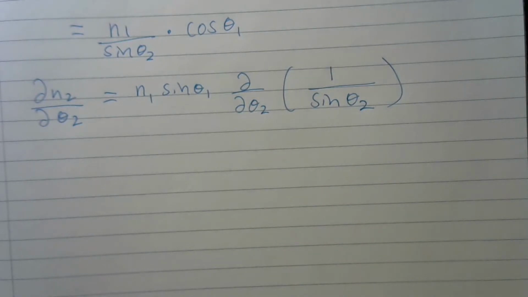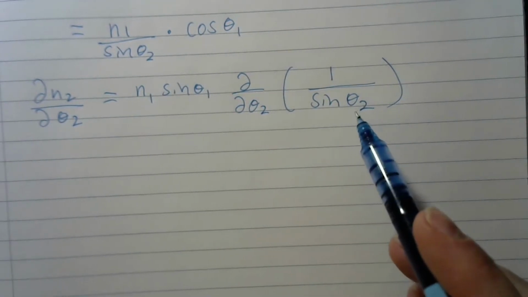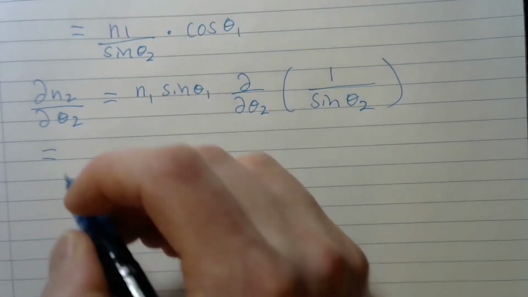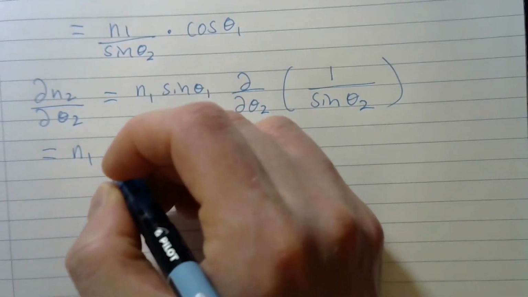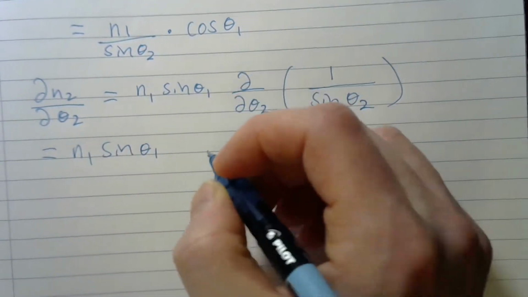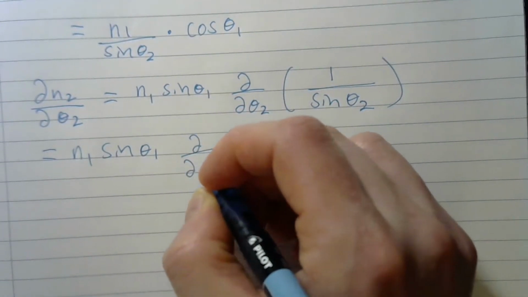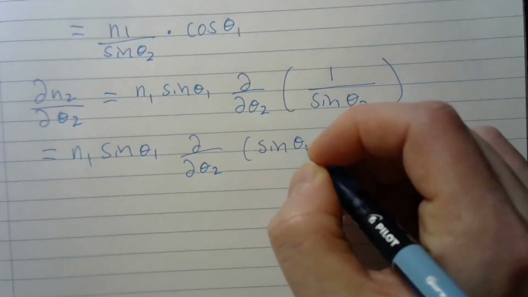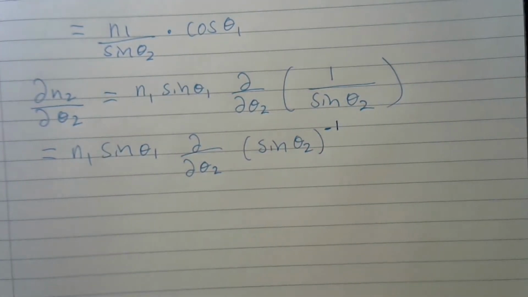So we have a few things happening. We have 1 over and we have a sine function. So that means we'll have to apply the chain rule for taking our derivatives. I'm just going to rewrite it first as N1 sine theta 1 and then partial derivative here. And I've got sine theta 2 to the power of minus 1.